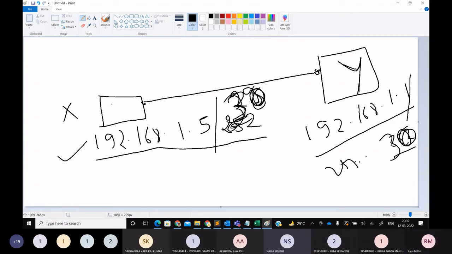Anybody who has solved it can also speak. Let me know what is the network address for this. 192.168.1.4.